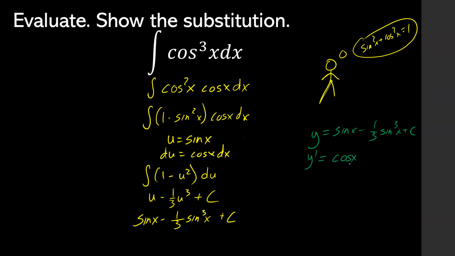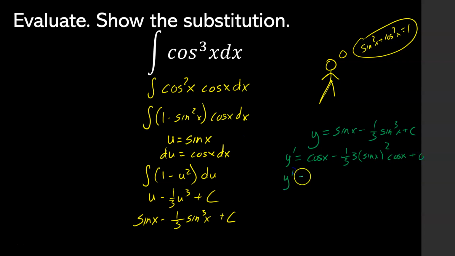The derivative of sine is cosine. Let me get a little more room. The derivative of sine is cosine, and let's see. The derivative of something cubed is 3 times that something squared. Sine of x is the input, so cosine of x on the chain rule plus 0.